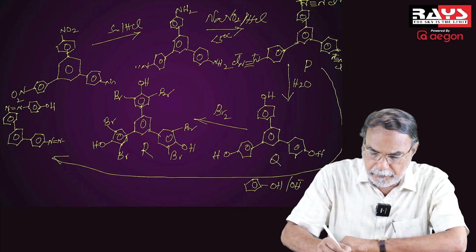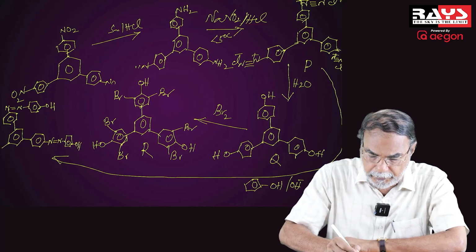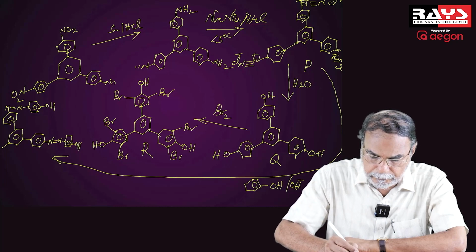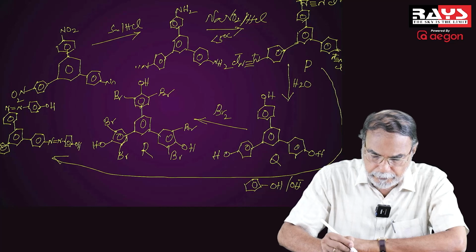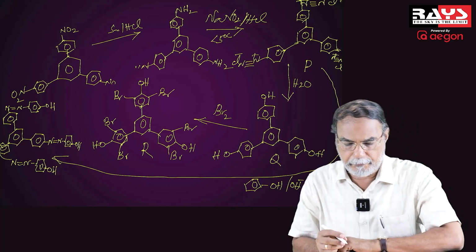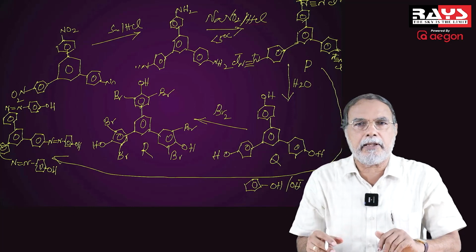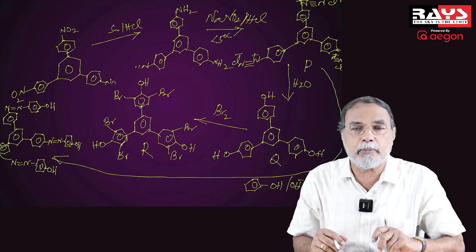I write here only, N double bond N, you have phenol. So very symmetrical, all these molecules appear to be very symmetrical, very pleasing molecules, very attractive molecules in that sense.